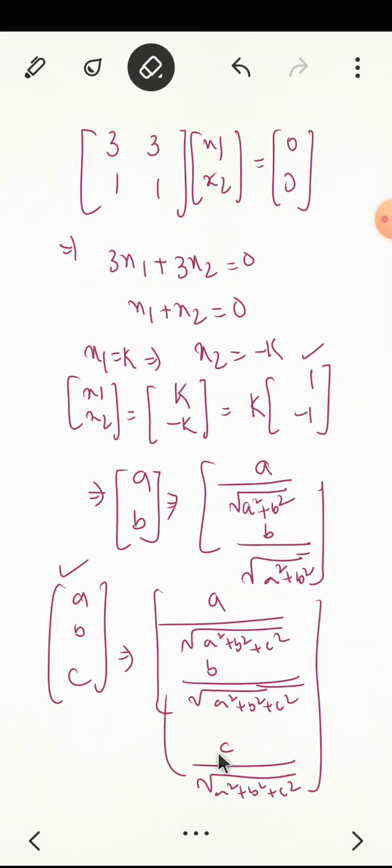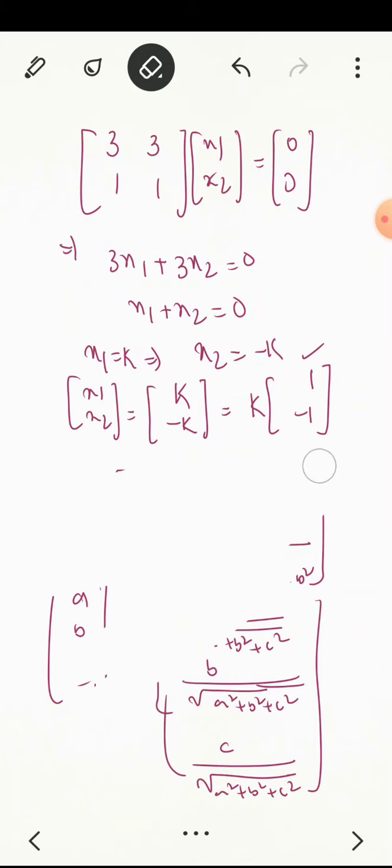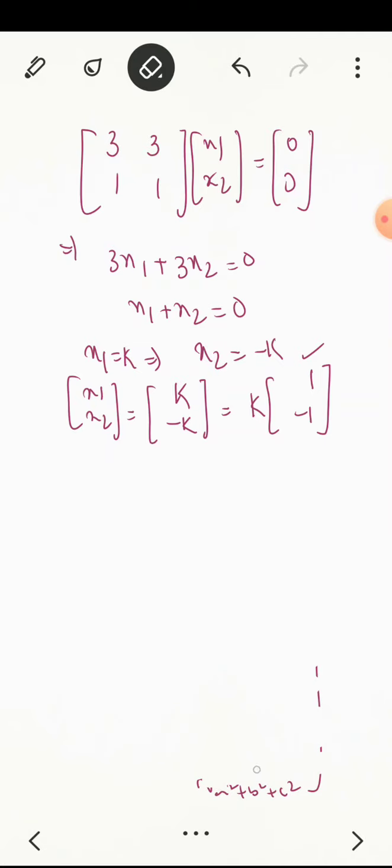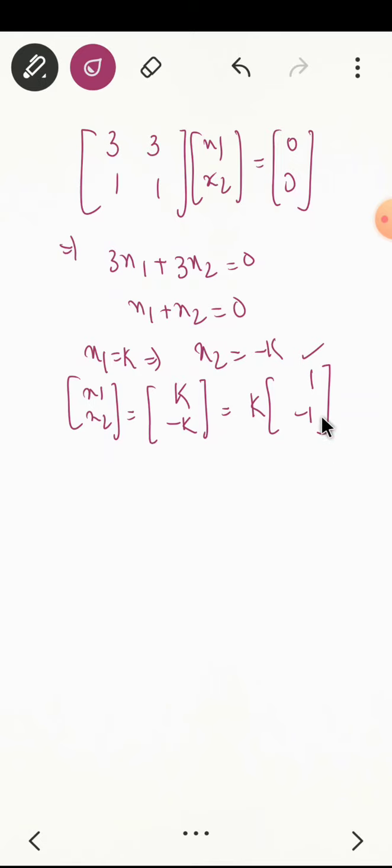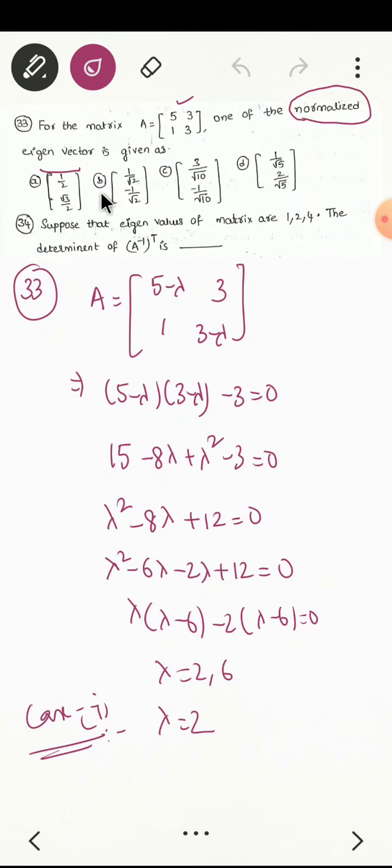Now with this knowledge, can you tell me the normalized eigenvector for the eigenvector which we got? K into 1 by root over 1 square plus minus 1 whole square, that is root 2, minus 1 by root 2. So 1 by root 2, minus 1 by root 2. Do we have any option like this?